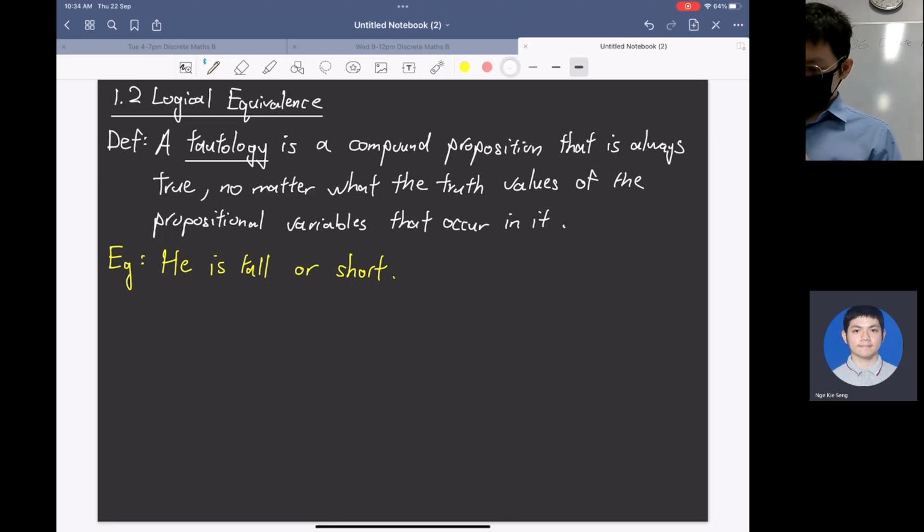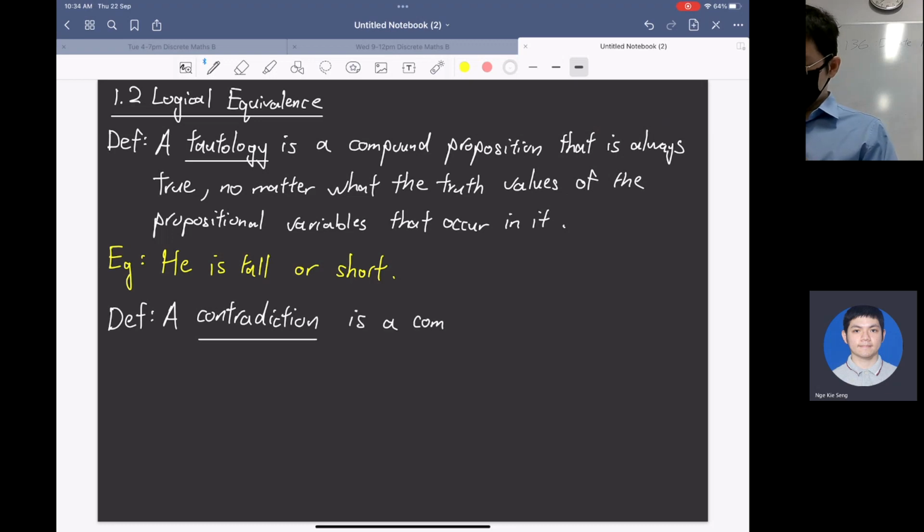Next, we define the opposite thing, which is called a contradiction. You should be able to guess the definition here. A contradiction is a compound proposition that is always, what? Opposite. False.